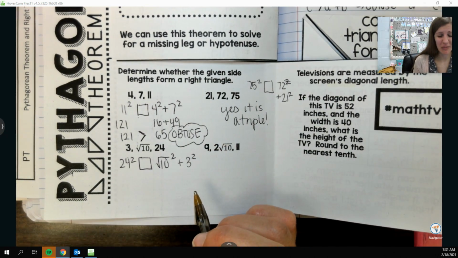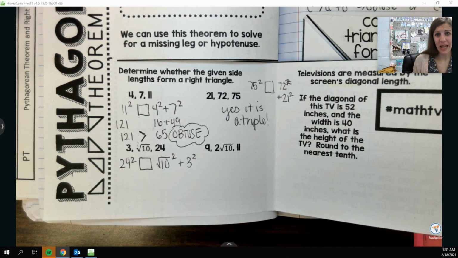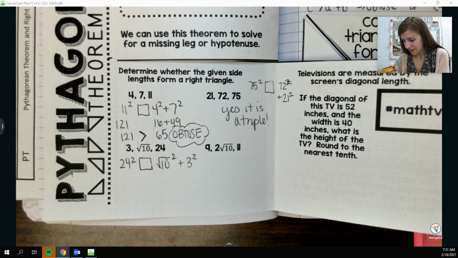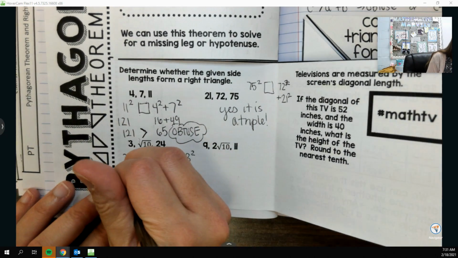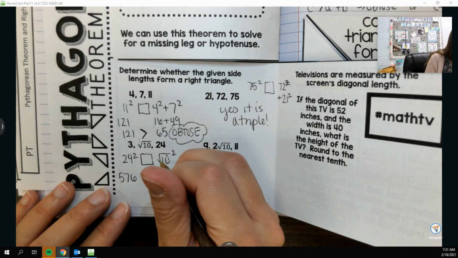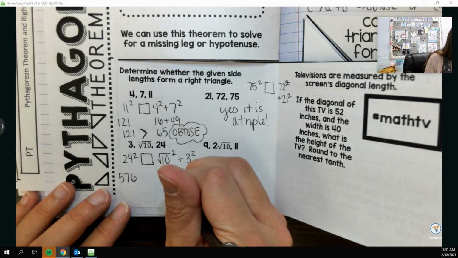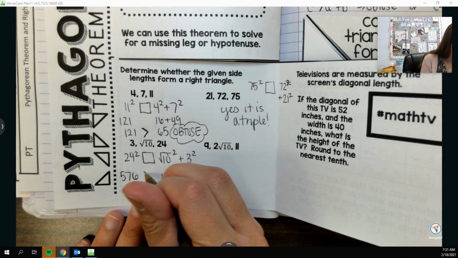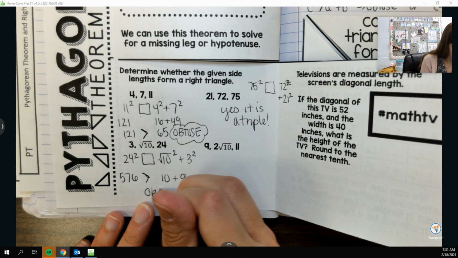I feel like that's going to be too small again. Like 24 squared, that's real big. I think that's like 600 something. I can't. It's too big. 576. And then the square root of 10 squared is just 10, and 3 squared is just 9. So like definitely not. And this is greater again, so it is obtuse.